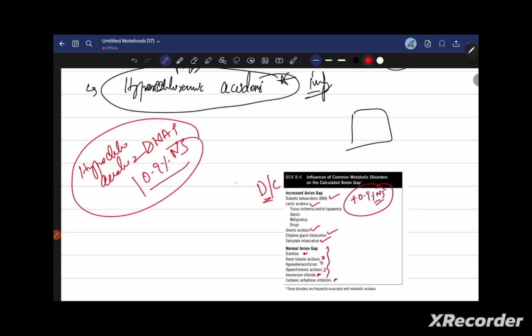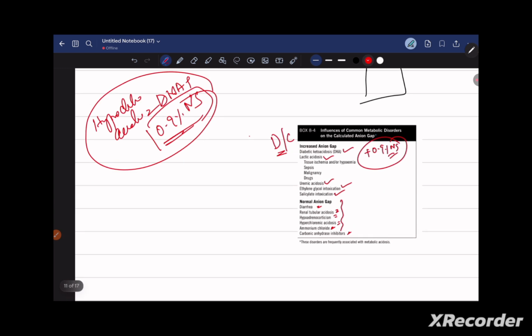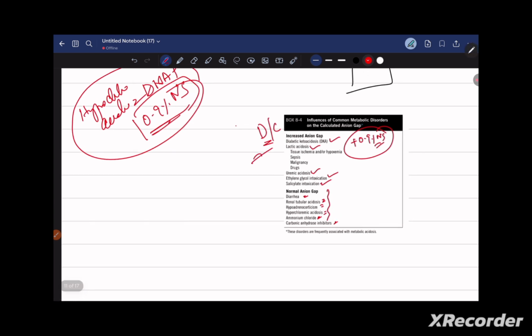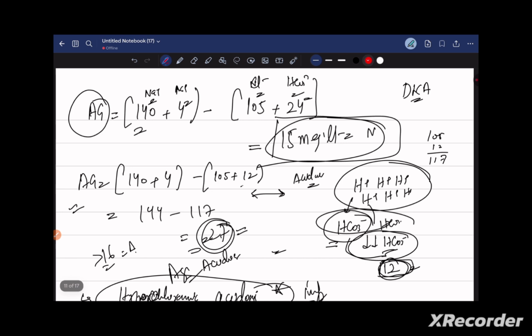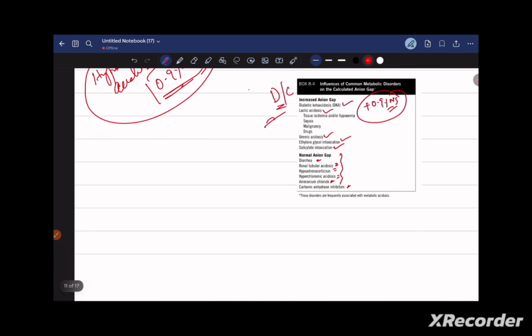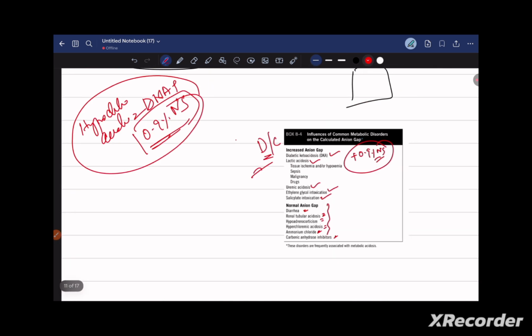We will deal with it in the treatment part. So you have to remember what leads to increased anion gap and normal anion gap, and how anion gap acidosis and hyperchloremic acidosis occur in DKA.